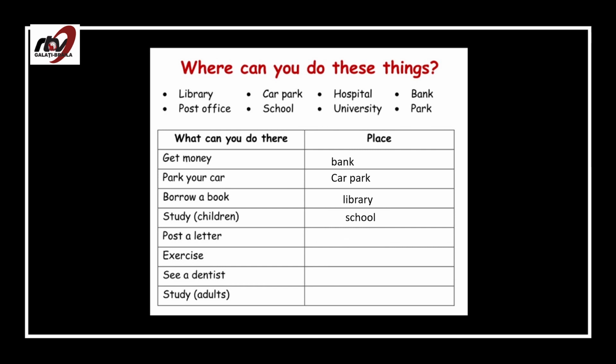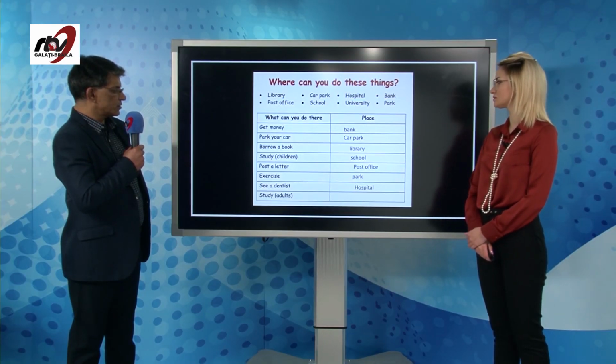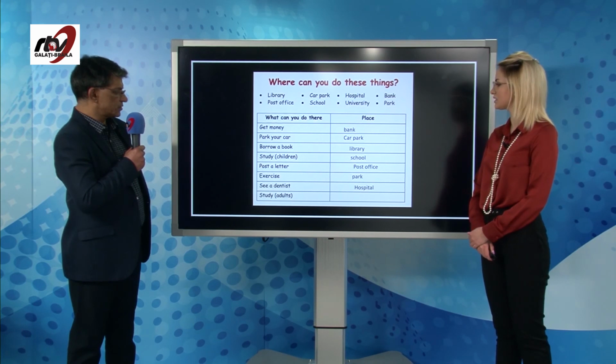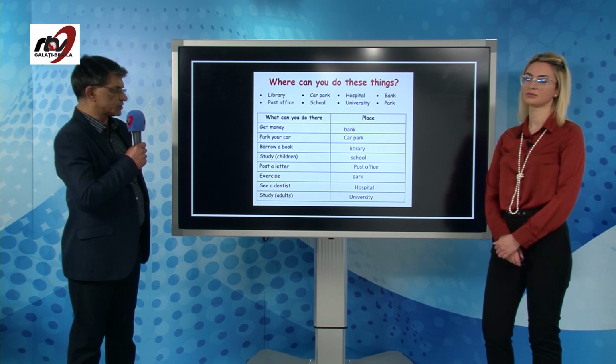In the school, obviously. Where do we post a letter? The right answer is post office. We exercise in the park. We can see a dentist in a hospital, but not really, but sometimes maybe yes. And of course, adults study in a university.